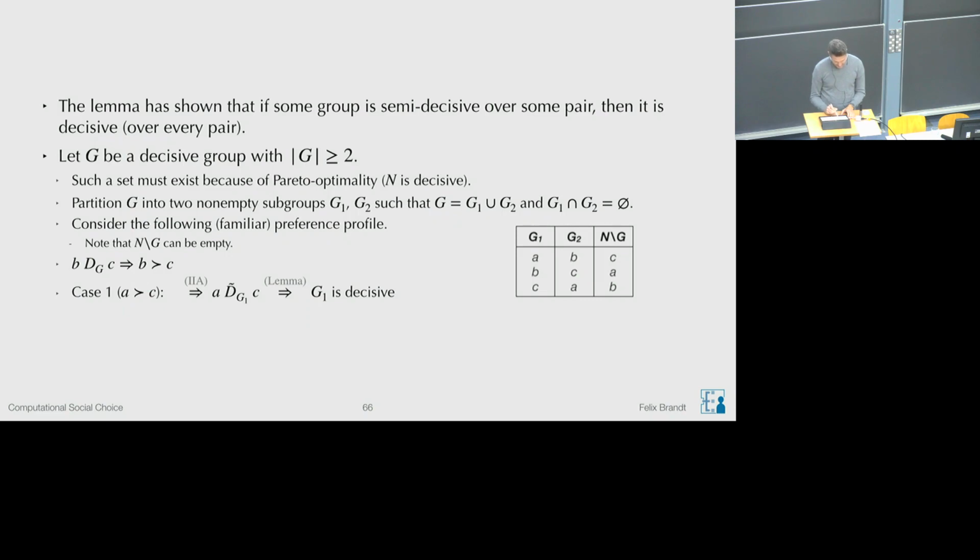That means we have shown that this group G1 is semi-decisive, this weaker notion of decisiveness, for one particular pair, A and C. But the lemma has shown that if some group is semi-decisive for some pair, it is decisive for all pairs.